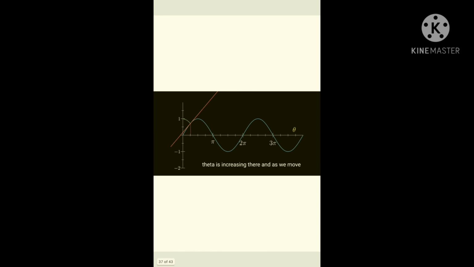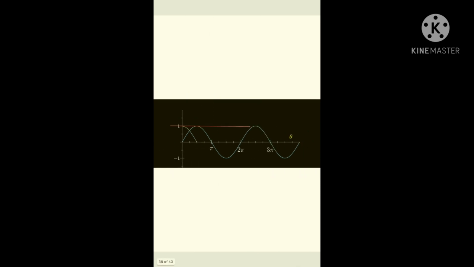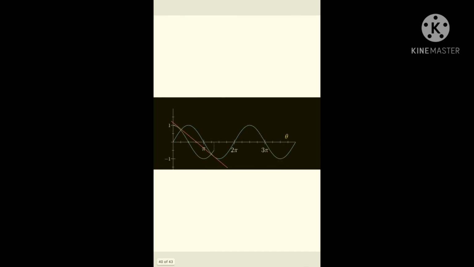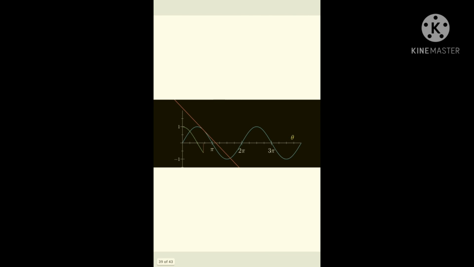At that position where your tangent is moving, your values are increasing. At the position where your tangent is on a peak, at that time your slope is 0, and if it is moving in the downward direction, then its slope is negative. See, you can see the condition of the green line and this tangent line.